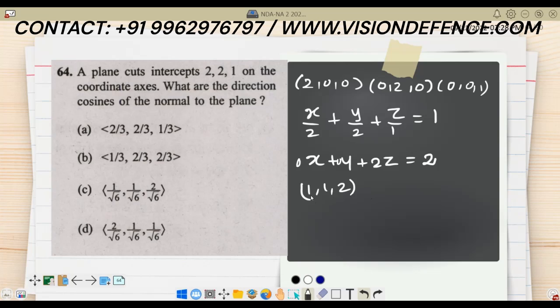To find the direction cosines, we divide by the root of a square plus b square plus c square. So 1 by root of 1 plus 1 plus 4, again 1 by root of 1 plus 1 plus 4, and 2 by root of 1 plus 1 plus 4. This is root 6. So the direction cosines are 1 by root 6, 1 by root 6, and 2 by root 6.